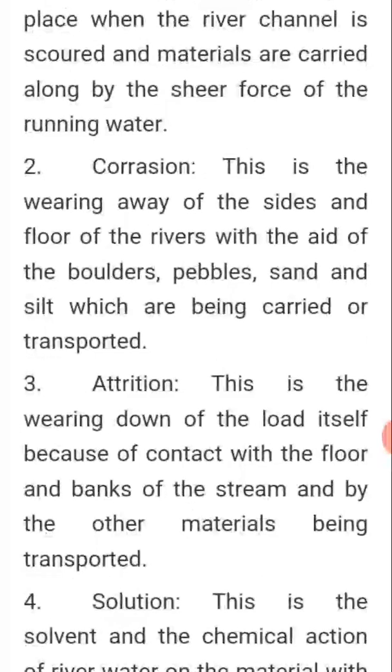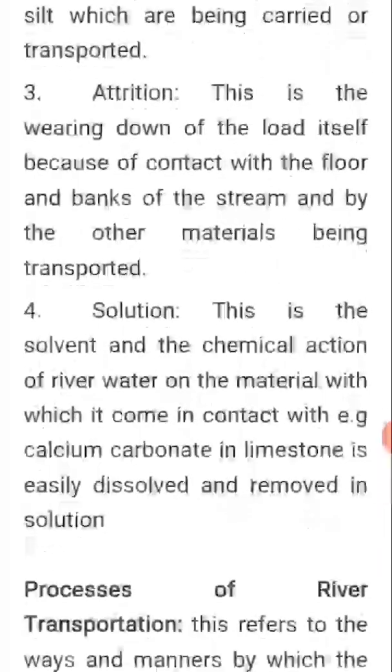Corrasion. This is the wearing away of the sides and floor of the river by the aid of boulders, pebbles, sand, and silt, which are being carried or transported by the river.